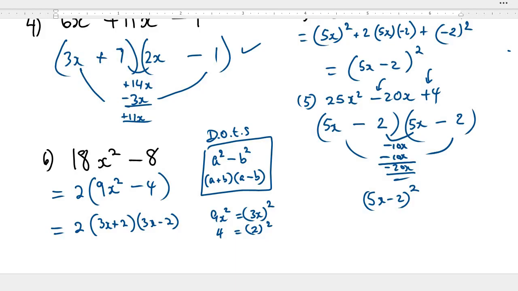Okay, so if I do it the longer way, I'm showing you this is actually 3x to be squared minus 2 to be squared. And once we have that situation, then we know it's a difference of 2 squares, so it's 3x plus 2, 3x minus 2. So these are the 3 factors. The 2 is a factor, the binomial 3x plus 2 is a factor, and the other binomial 3x minus 2 is another factor.